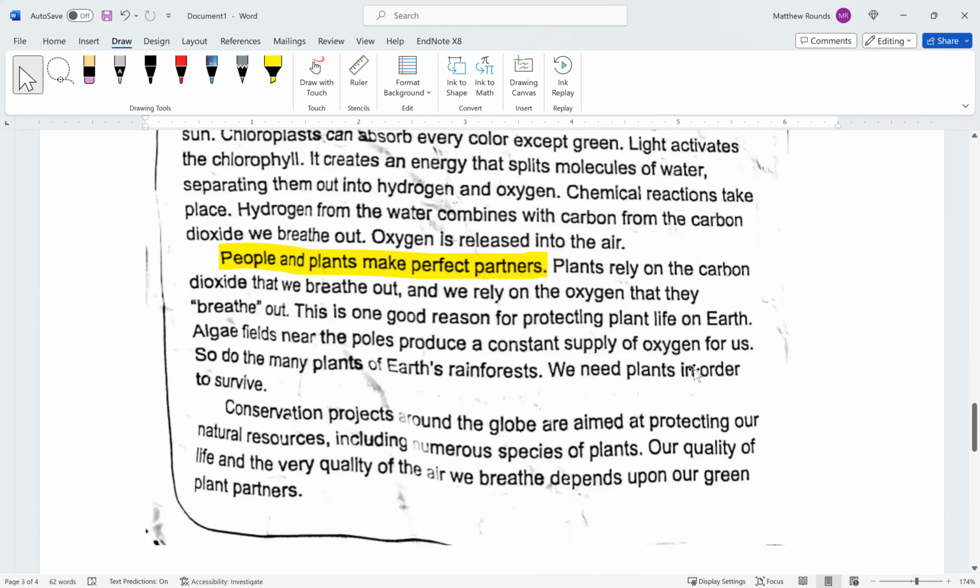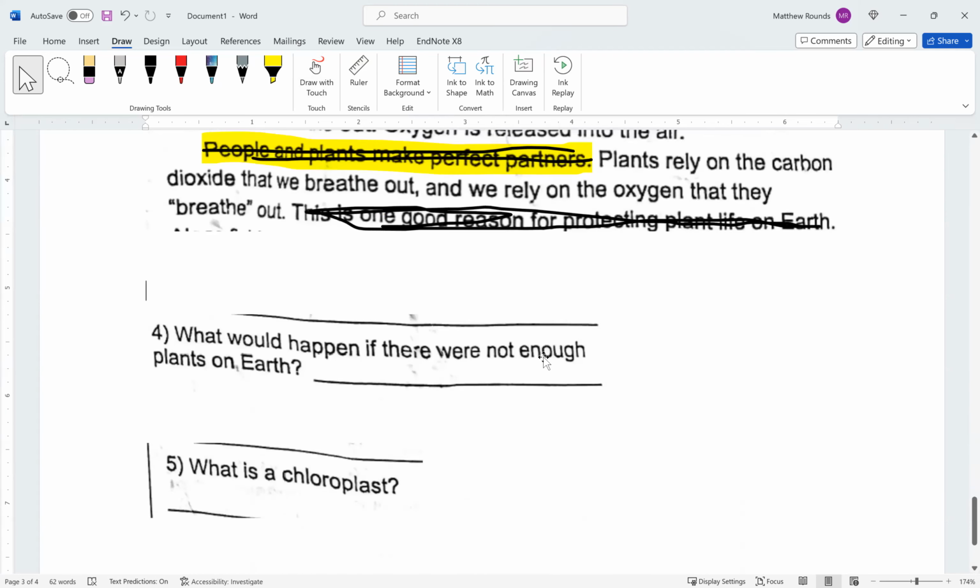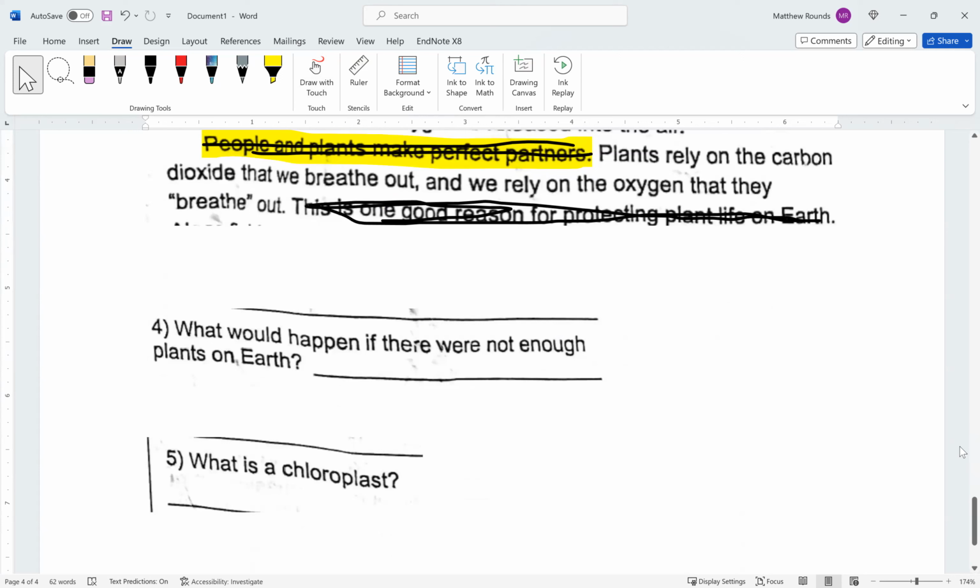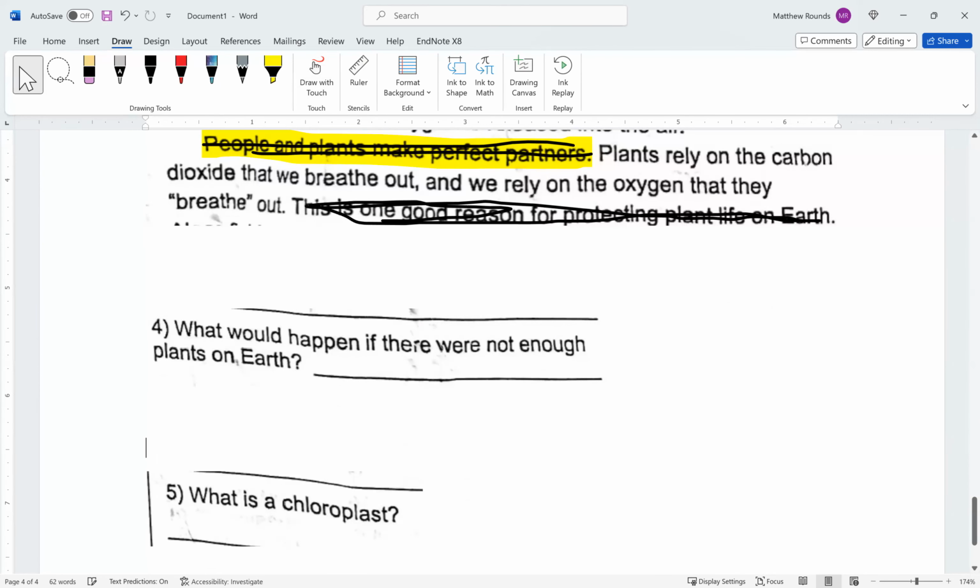So read this last sentence in that paragraph. People and plants make perfect partners. No, the last sentence in that paragraph, starting with the word plants. We need plants in order to survive. Okay, so what would happen if there were not enough plants on Earth? What would happen to people? We would die. People would die.